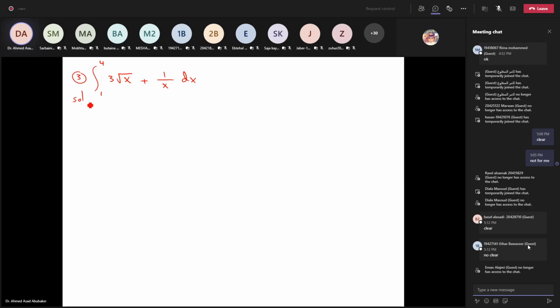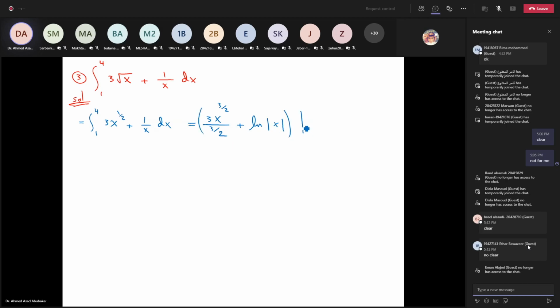The solution: this equals the integral from 1 to 4 of 3x^(1/2) + 1/x dx. So we have 3x^(3/2) over 3/2 plus ln|x|.